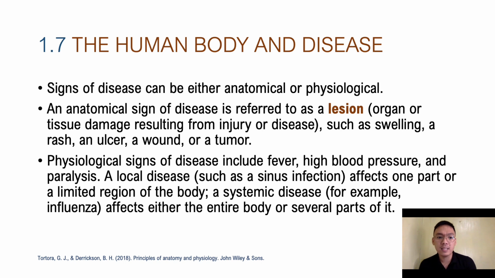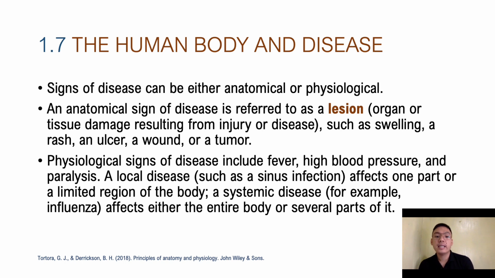An anatomical sign of a disease refers to a lesion or organ or tissue damage resulting from an injury or disease, let's say swelling, a skin rash, an ulcer, a wound, or a tumor. Physiological signs of disease include fever, high blood pressure, and paralysis.